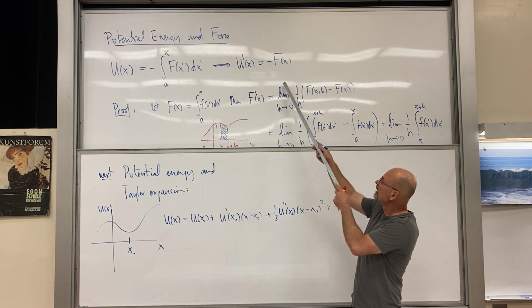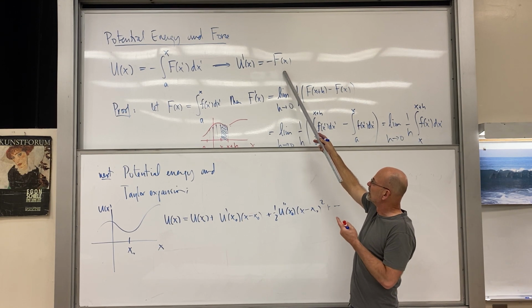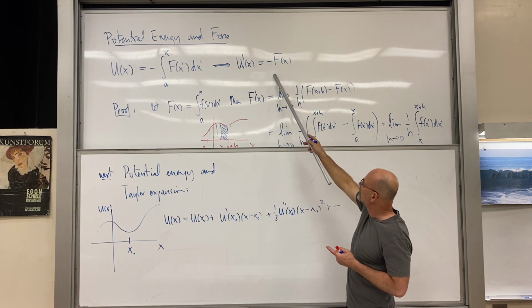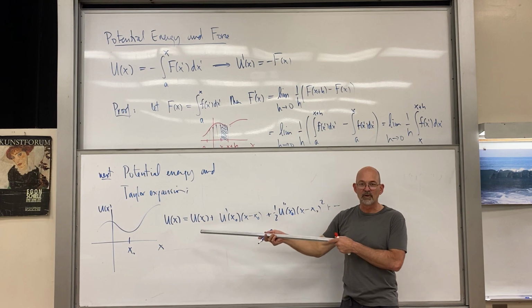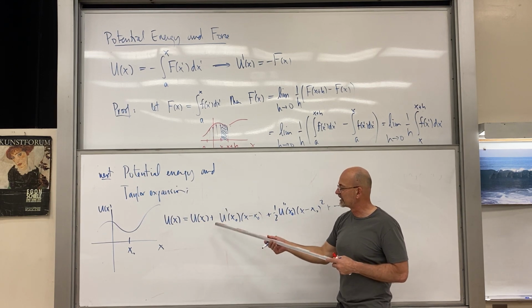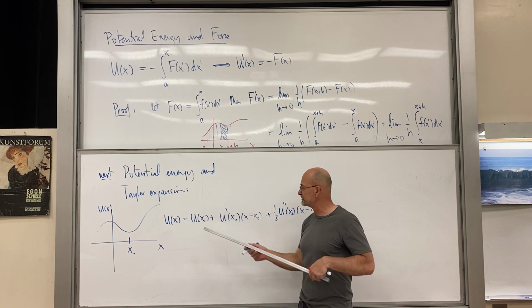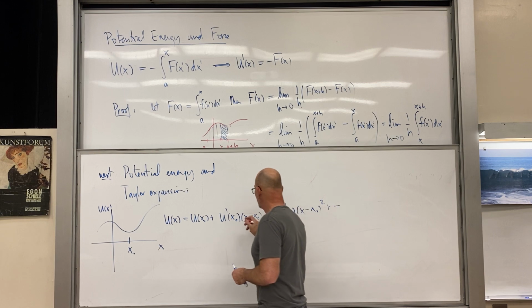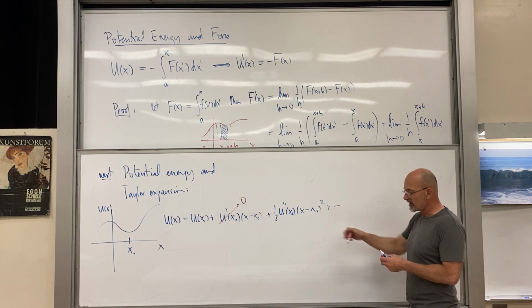The force is going to determine the mass times acceleration, Newton's law, and the force is a derivative of the potential energy. So you have a constant, you take a derivative of it, it's 0. Okay, so potential energies are arbitrarily defined within a constant. Since we're at a local minimum, that's 0, and so this is the first non-trivial term.